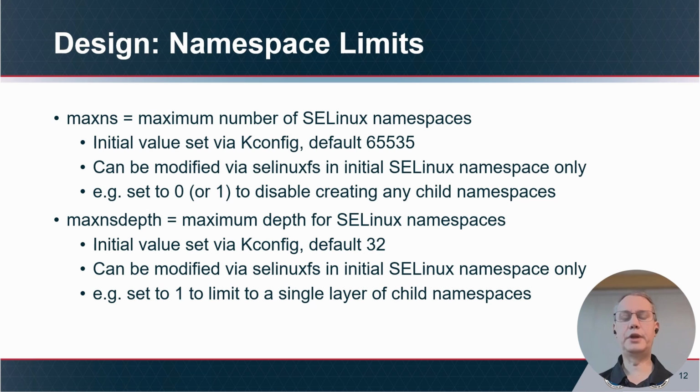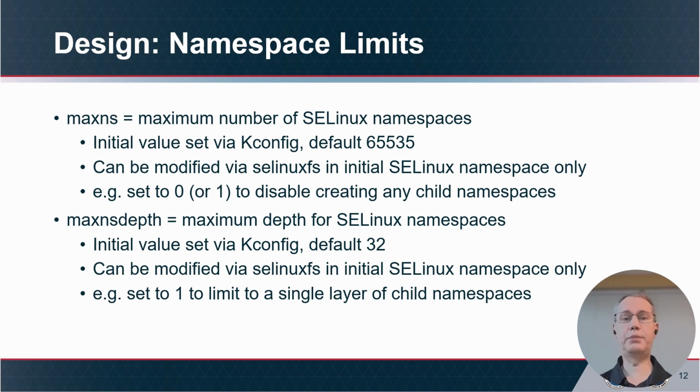There's also a separate limit introduced for SELinux, the maximum depth for SELinux namespaces. While there's a similar limit for user namespaces, it's currently hard-coded in the kernel. For SELinux, we decided instead to make it a value that can be set initially using the kernel's configuration, similarly limited to a depth of 32, like user namespaces, but also tunable using SELinux FS, again, only settable from the initial SELinux namespace, so it can't be escaped from any child namespaces.